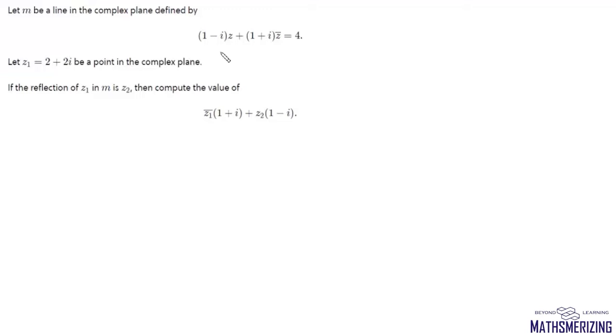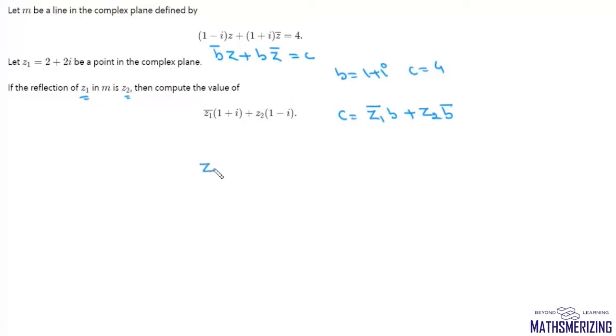Now if we look at this equation, we can write this equation as b bar z plus b z bar, and it is equal to c, where the value of b is 1 plus iota and value of c is 4. Now if reflection of z1 is z2, then we have already established that this c equals z1 bar b plus z2 b bar.